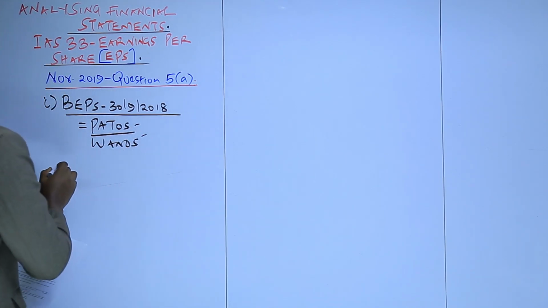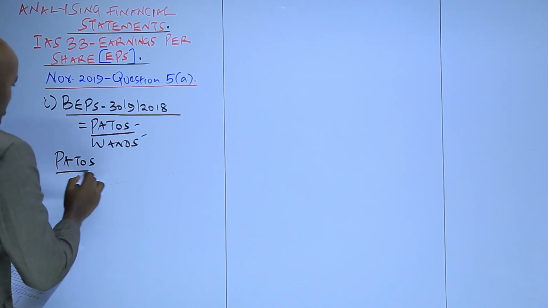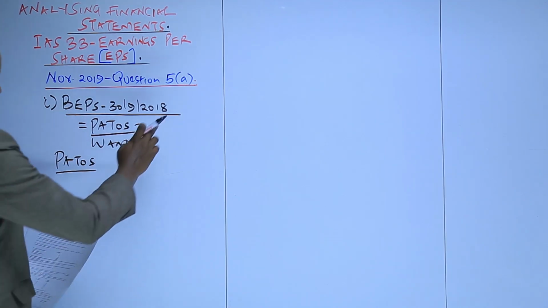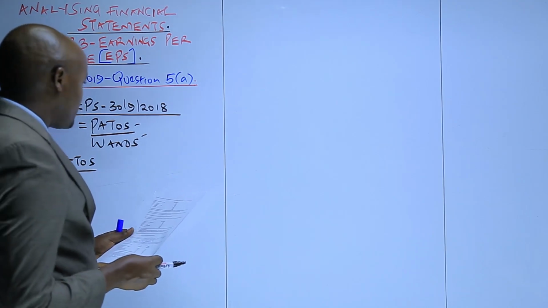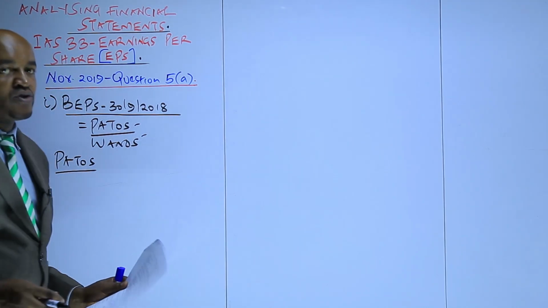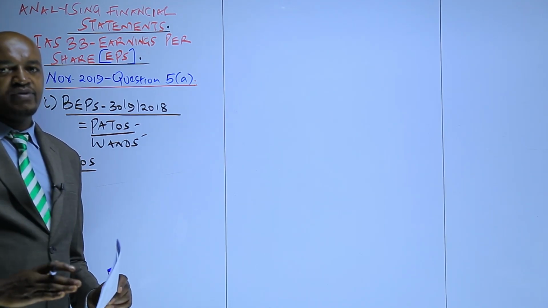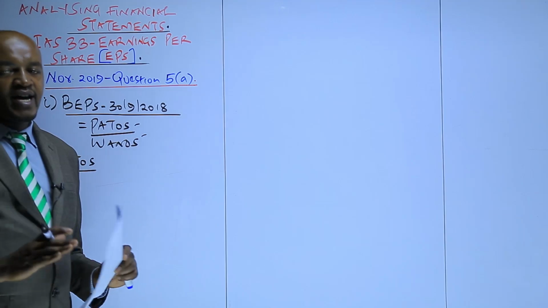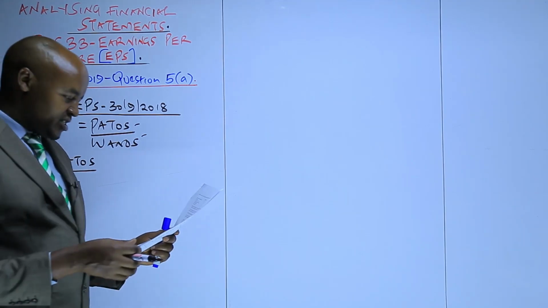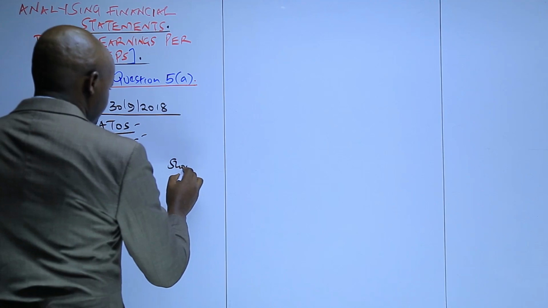We start by determining the profit attributable to ordinary shareholders, and we start with the first year which ended 30th of September 2018. In terms of how we compute this, we said we take the profit for the year, or the profit after tax, less the preference dividends for that year, and then we less any profit attributable to non-controlling interest.